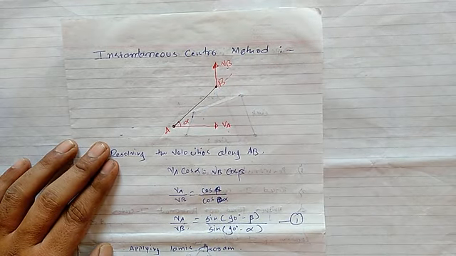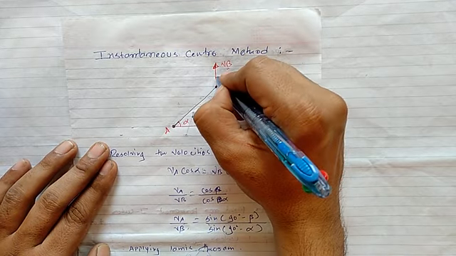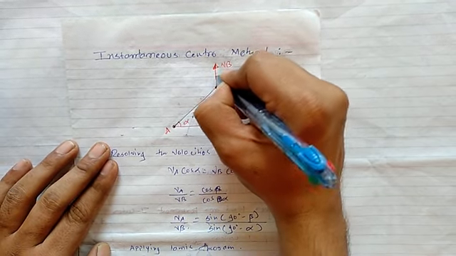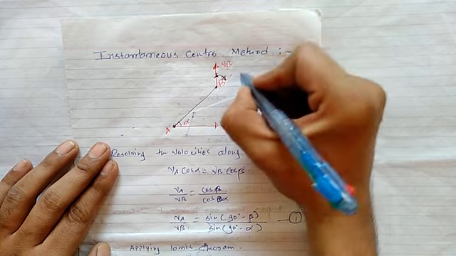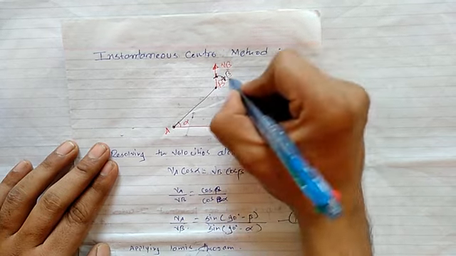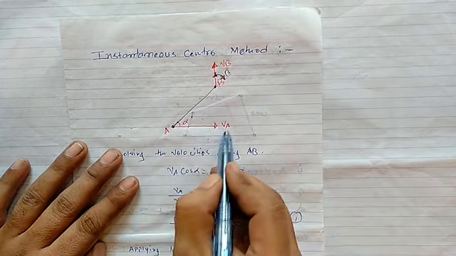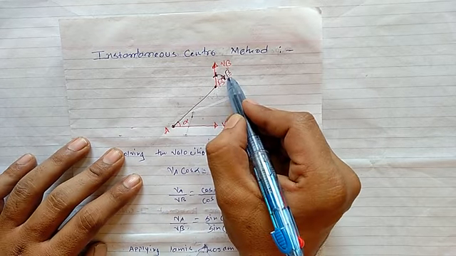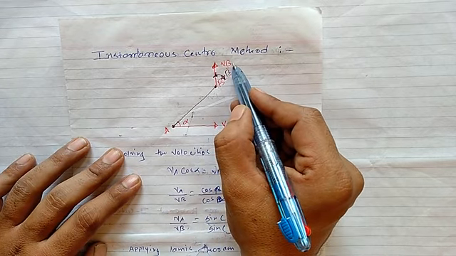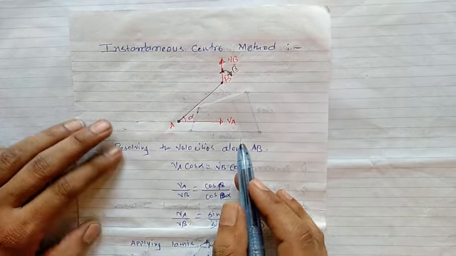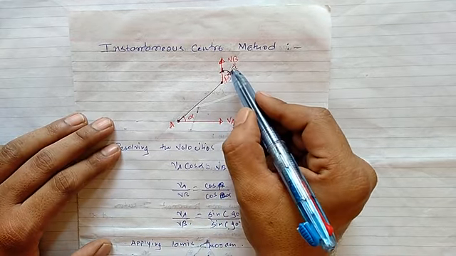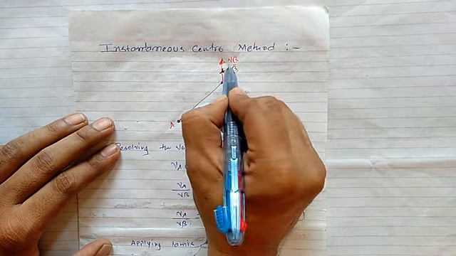So after extension, here we are getting this angle, okay? This angle is beta. Alpha is the angular inclination of VA, and beta is the angular inclination of VB. Basically we have to determine the magnitude of VB.